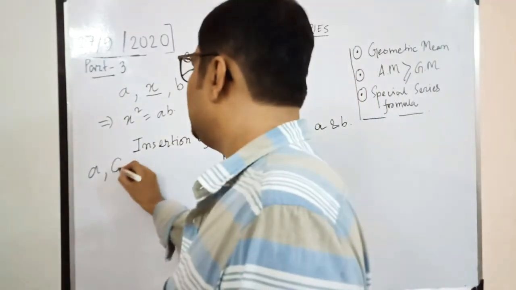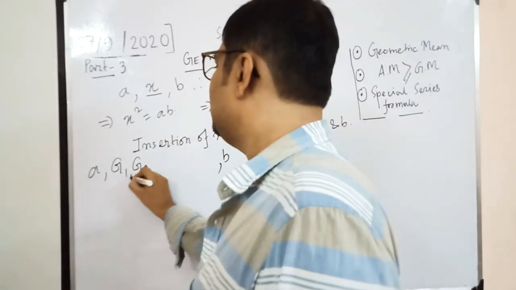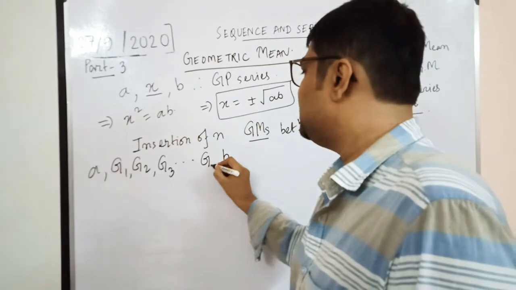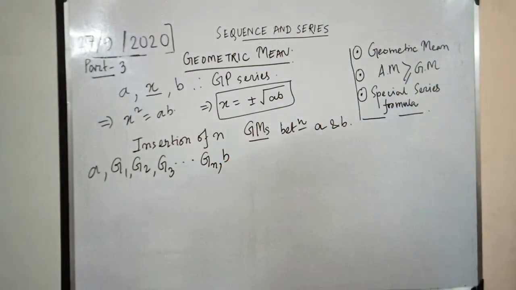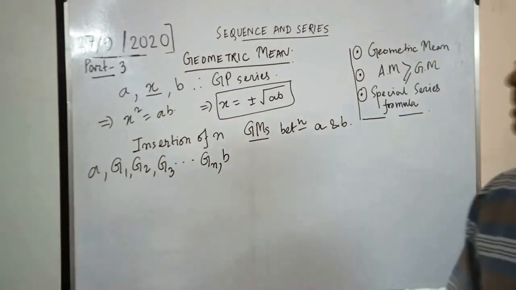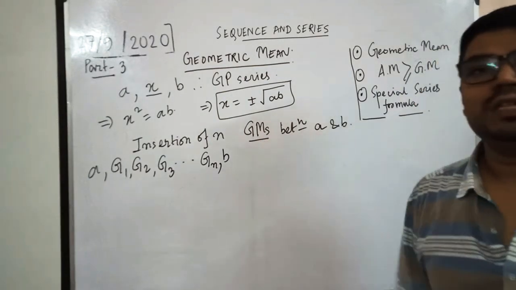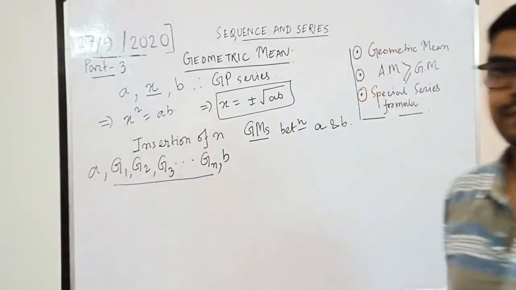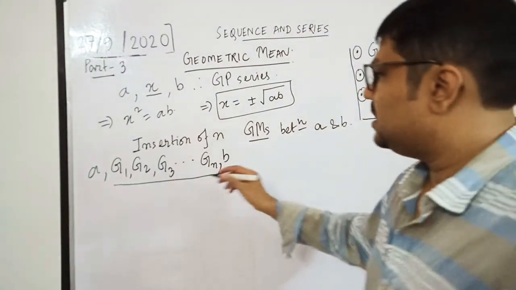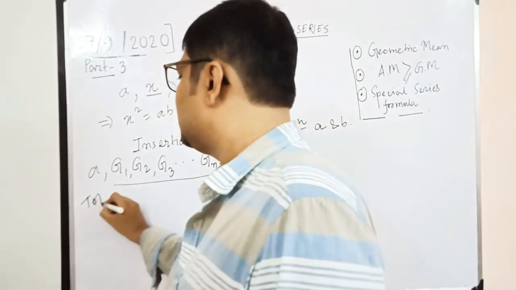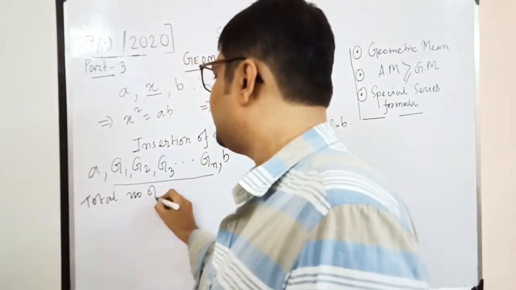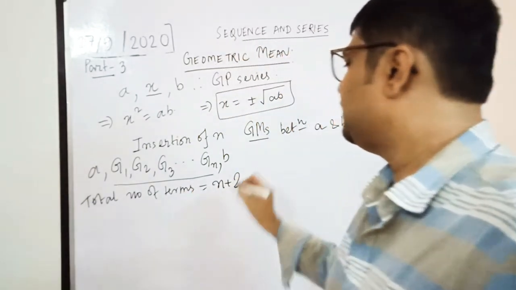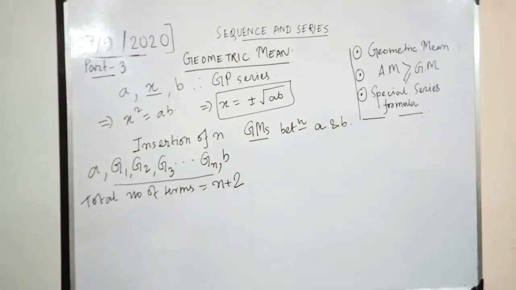So that will be g1, g2, g3, so on and so on. The last will be gn. So all these g1, g2, g3 are the geometric means. How many geometric means are there? N number of geometric means are there. So the total number of terms in this series is n plus 2.